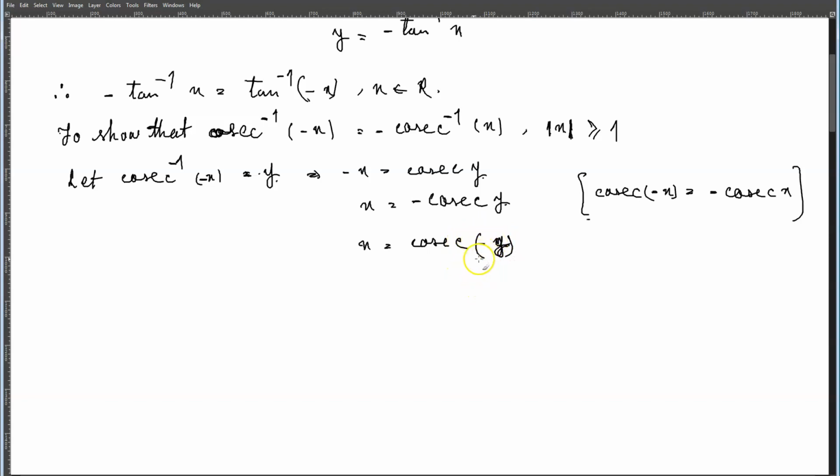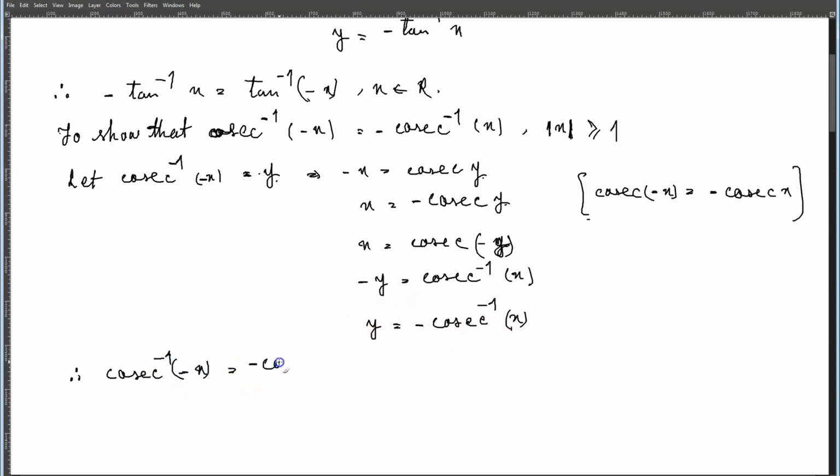And that means that negative y is equal to the cosecant inverse of x, which means that y is equal to negative cosecant inverse of x. Now here we are saying that y is equal to cosecant inverse of negative x. So the cosecant inverse of negative x is equal to y, which is again equal to negative cosecant inverse of x.